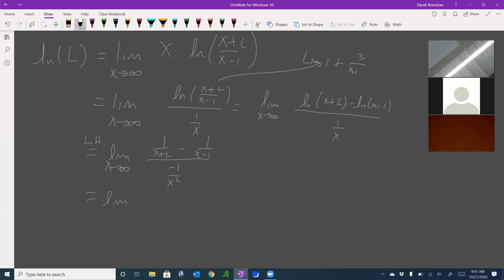So I've got an x minus 1 minus an x plus 2. So it's going to be a minus 3 over x plus 2, x minus 1, over 1 over x squared with a minus, so those become a plus. And then we're going to flip this and put it up here. And that's going to be 3.